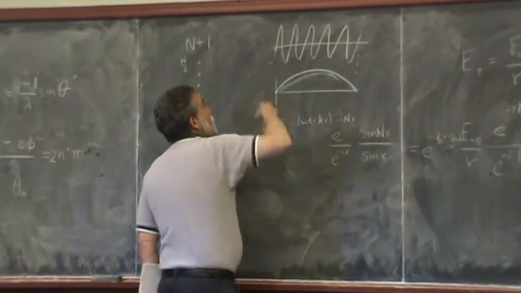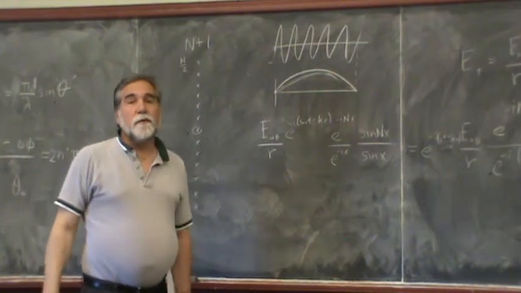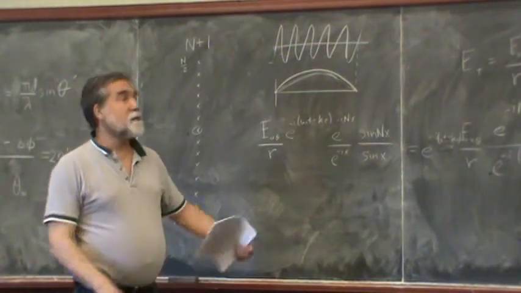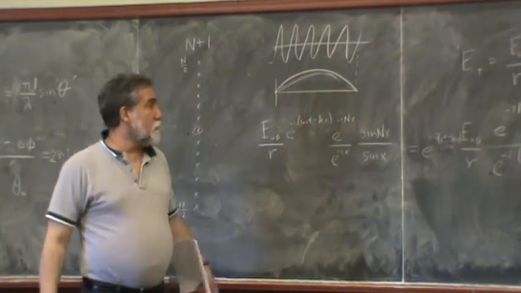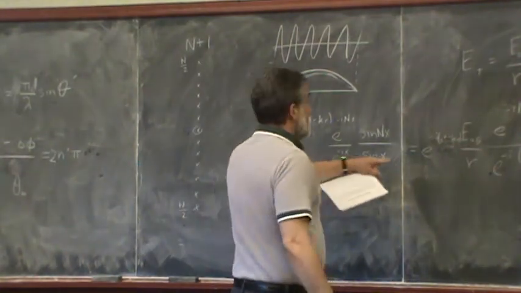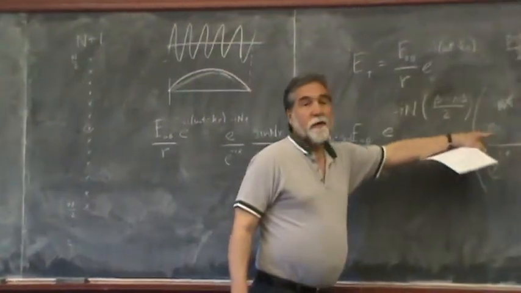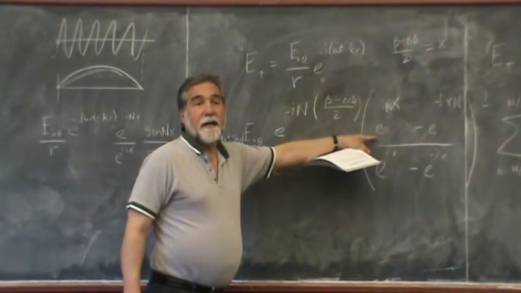So the ratio of these two is equal to capital N, because that's what L'Hopital's rule tells us for this ratio, because that's sine x, that's sine nx.